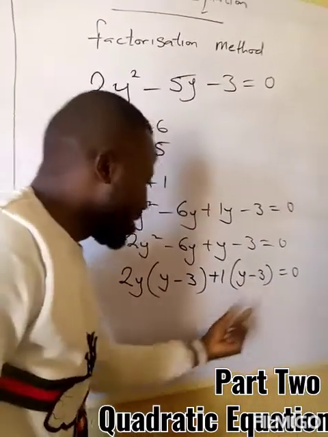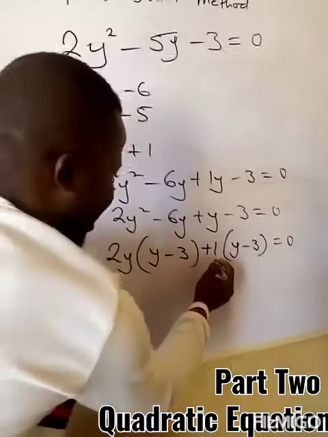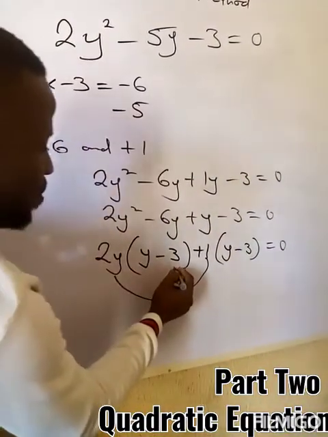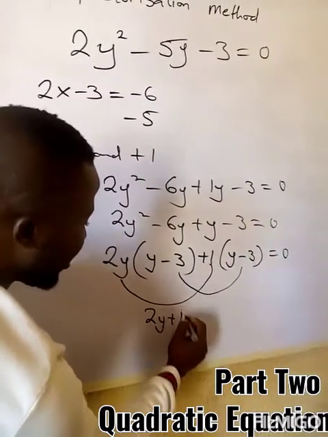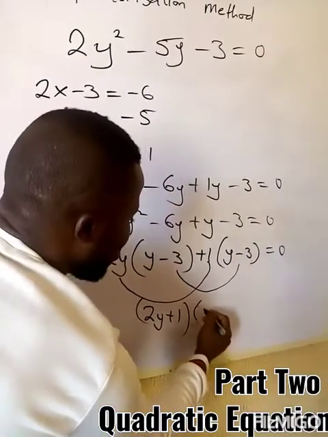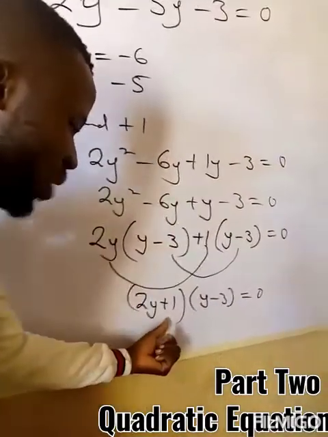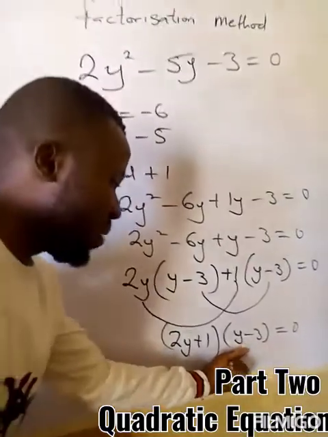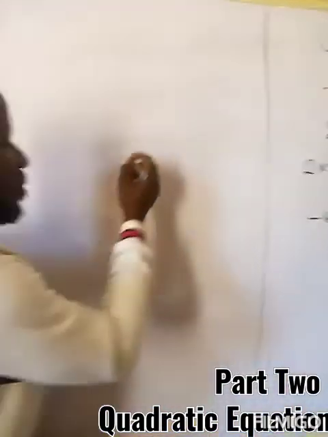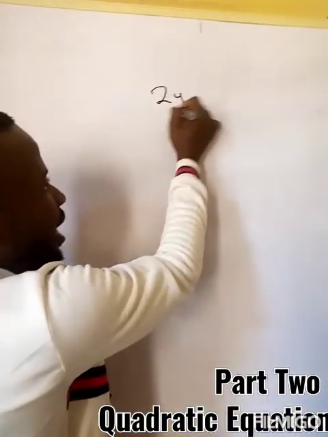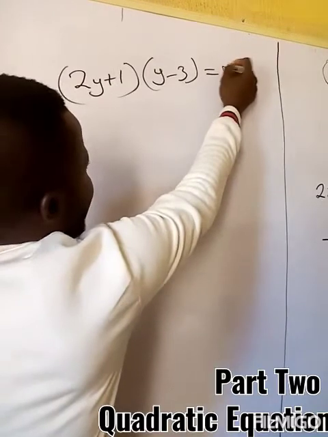That means the terms inside this bracket are common. The one outside, we have 2y here and plus 1 here. Therefore, we can bring these two together and say 2y plus 1 in brackets, then y minus 3 in brackets, equals 0.